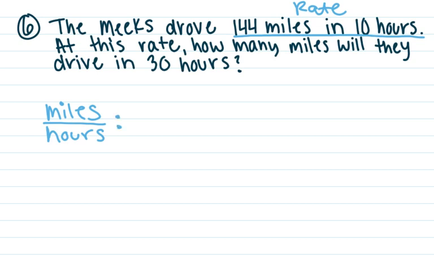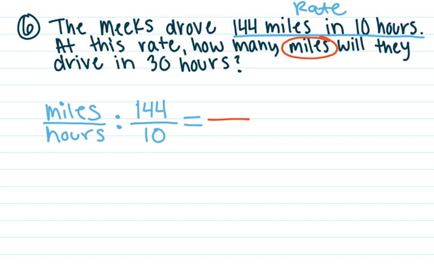To do this first ratio here, I have 144 miles. So that's going to go on top where my miles are right here. And then I have 10 hours. So that is going to go on bottom, which is my hours row. Let's keep reading. At this rate, how many miles will they drive in 30 hours? So again, for my second fraction here, I am missing my mile number.